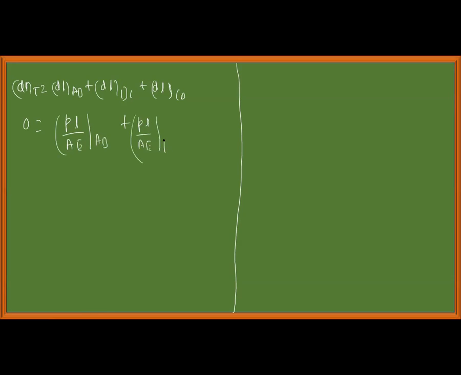Total deformation, DL total, is DL of AB plus DL of BC plus DL of CD, which is equal to 0. That is PL by AE of AB plus PL by AE of BC plus PL by AE of CD.